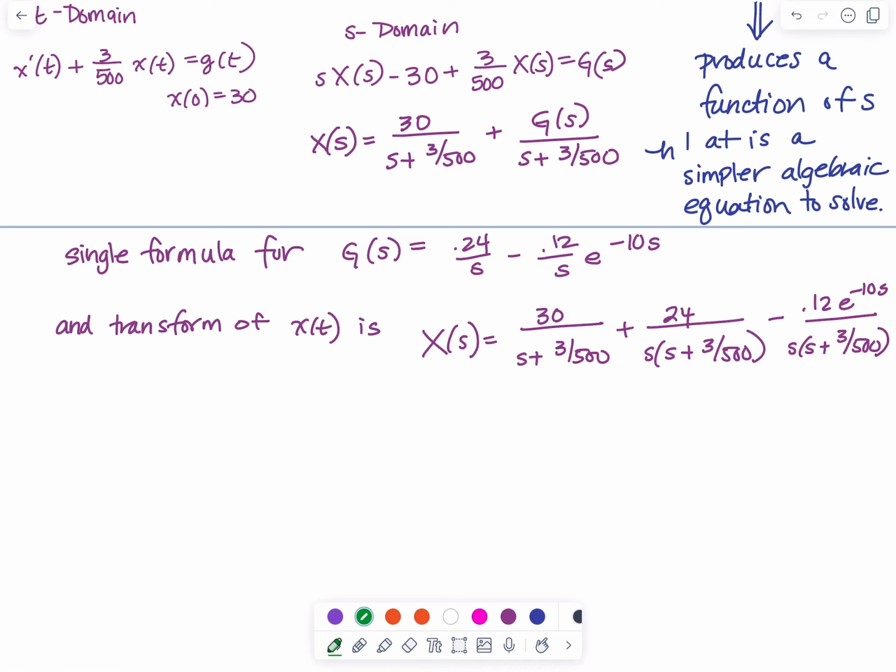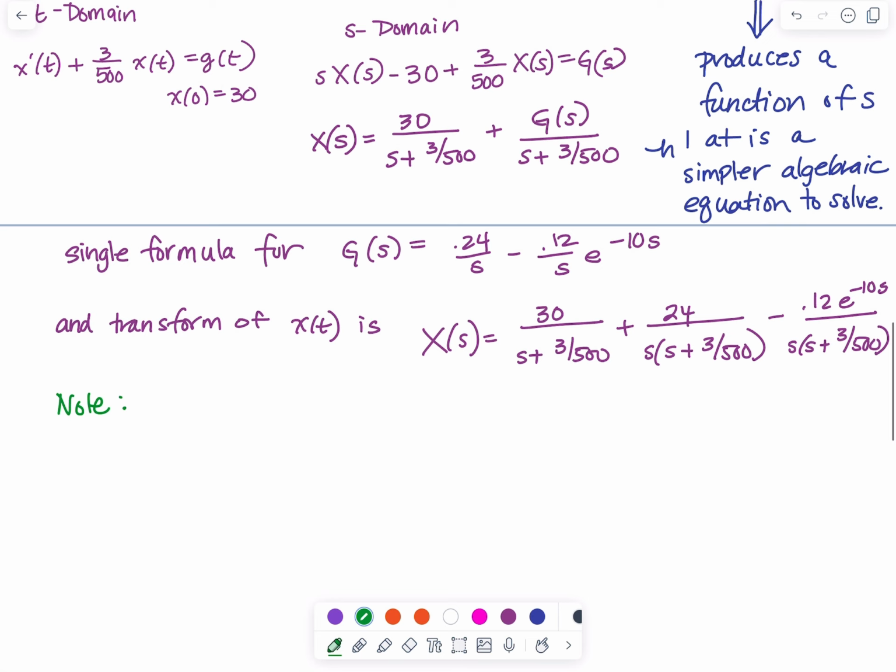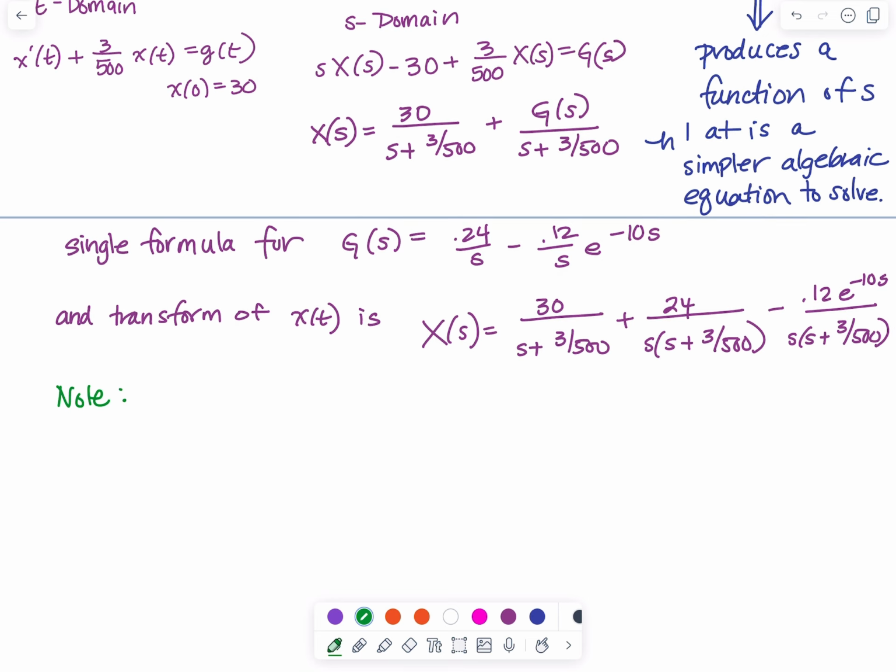So note, in order to find, oops, I wanted to go ahead and put x of t.